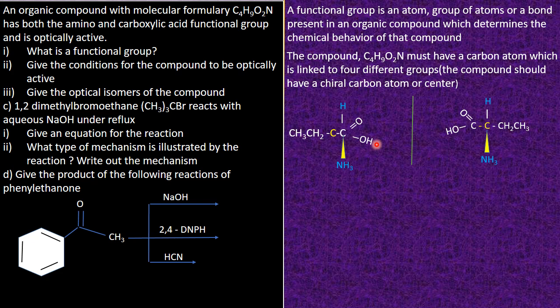So friends, the next question is saying that 1,2 dimethyl bromoethane, we have it here, reacts with aqueous sodium hydroxide under reflux. Good. So friends, I would like to draw your attention: you should always be mindful that a mistake made by the examiner should not discourage you from answering the question.